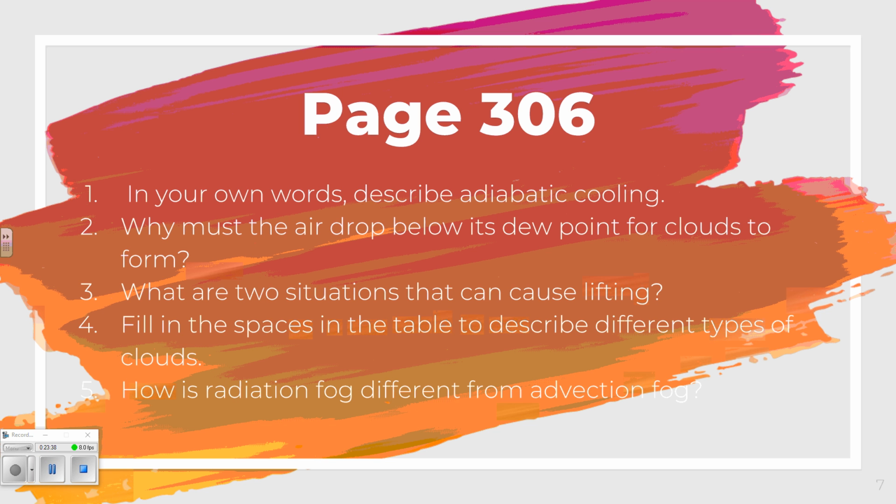Question number 4, answers can be found on pages 303 and 304. First row, cirrostratus. Altitude, write high. Shape, write thin and flat.